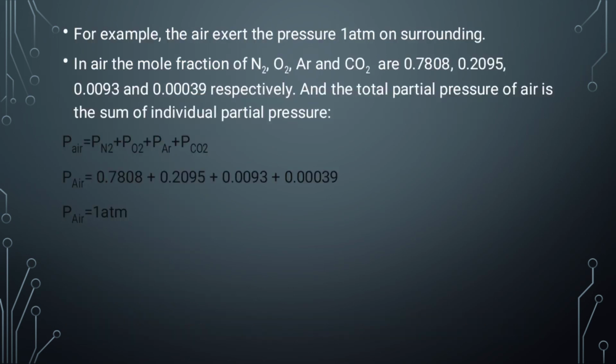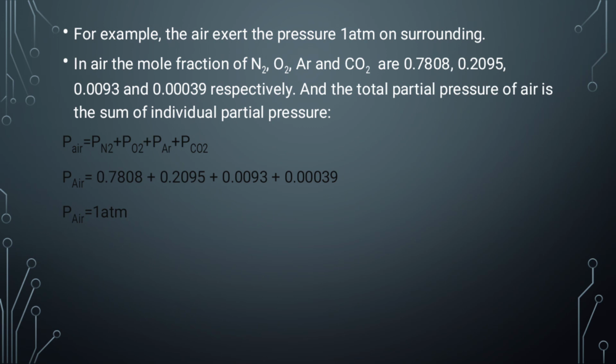This equation says that the partial pressure exerted by each component in a gas mixture is equal to the mole fraction of that component times the total pressure. For example, air exerts a pressure of 1 atm on its surroundings. In air, the mole fractions of N2, O2, Ar, and CO2 are 0.7808, 0.2095, 0.0093, and 0.00039 respectively, and the total pressure of air is the sum of the individual partial pressures: P air = PN2 + PO2 + PAr + PCO2.